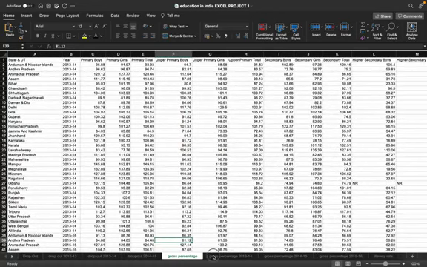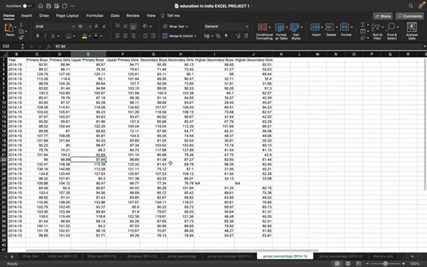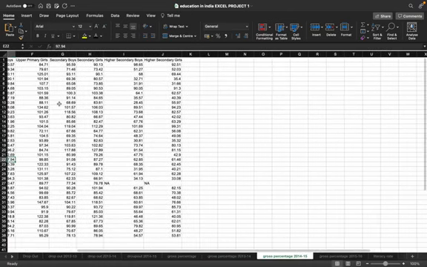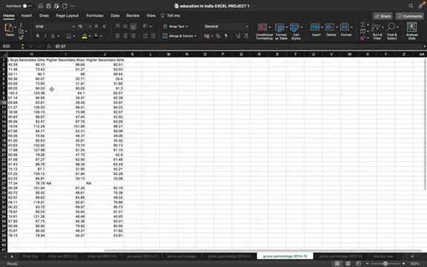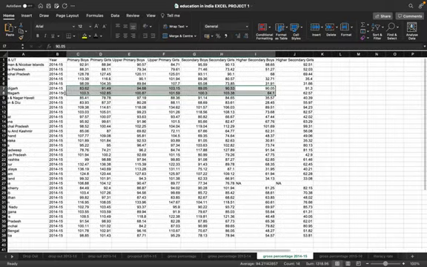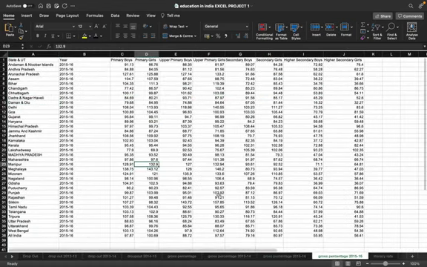Next, the gross percentage between 2013 and 2014. Next, the gross percentage between 2014 and 2015. Next, the gross percentage between 2015 and 2016.